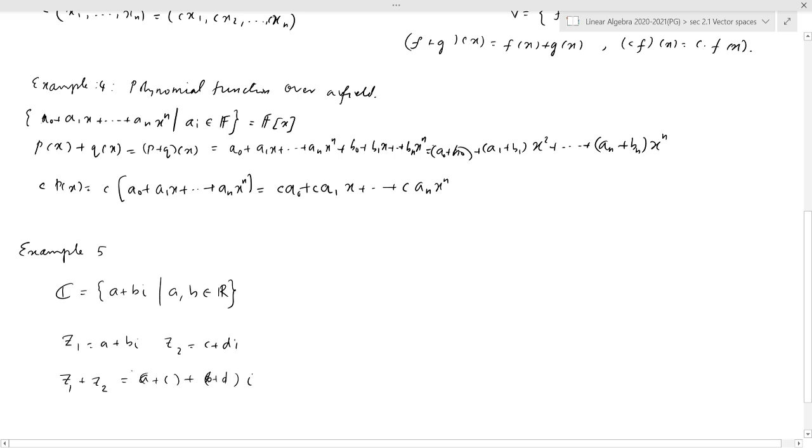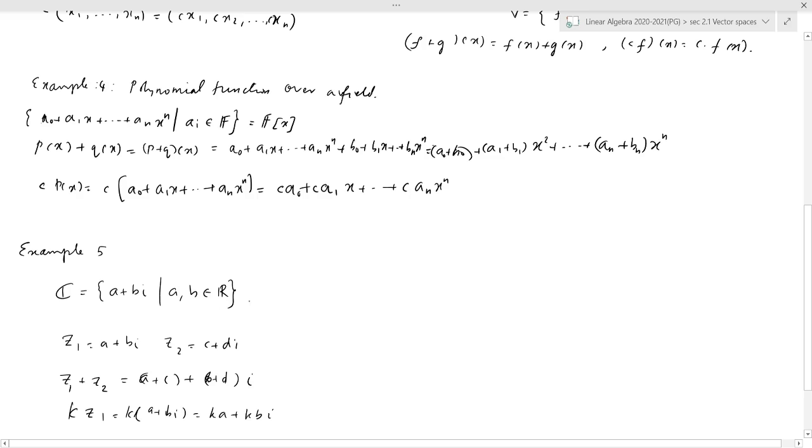This forms the vector addition in the set of all complex numbers. And k times z1 is equal to k times (a plus ib), that is equal to ka plus kb times i, and this forms the scalar multiplication of C.